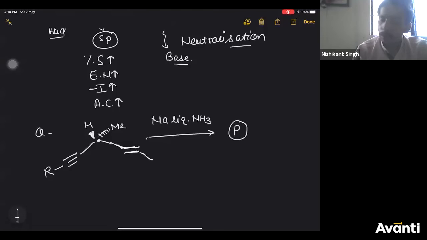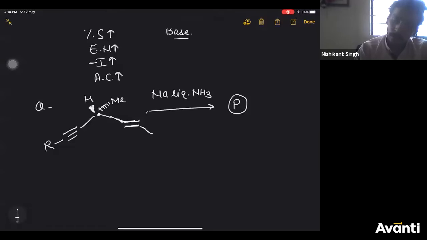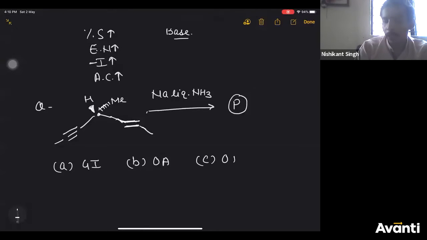Let me take this alkyl group also as methyl. Now the product P which you are going to get here: A, going to show geometrical isomers; B, going to be an optically active compound; C, going to be an optically inactive compound; D, none of the above.